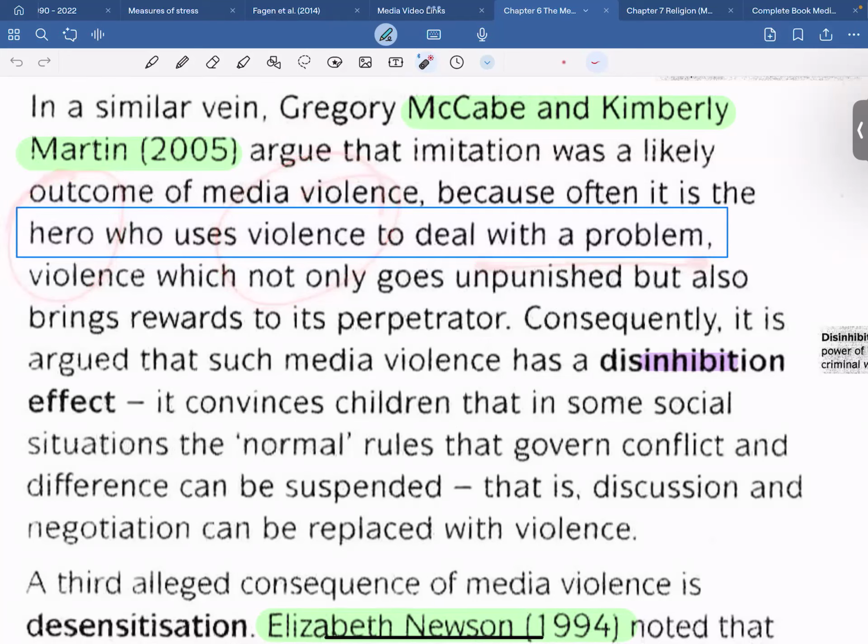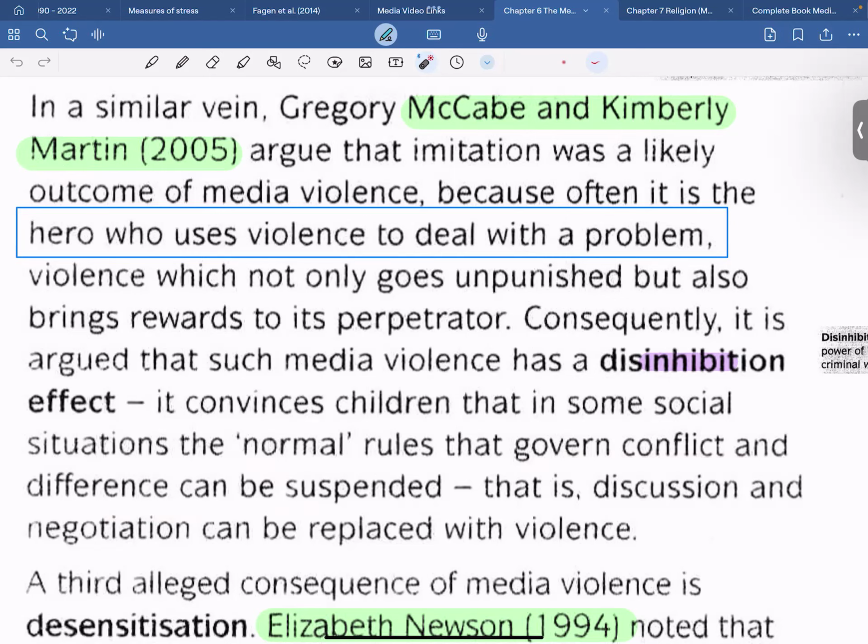So if you see violence used as a mechanism to deal with a problem, you are consequently leading towards a disinhibition effect. It convinces children that in some social situations, the normal rules that govern conflict and differences can be suspended.